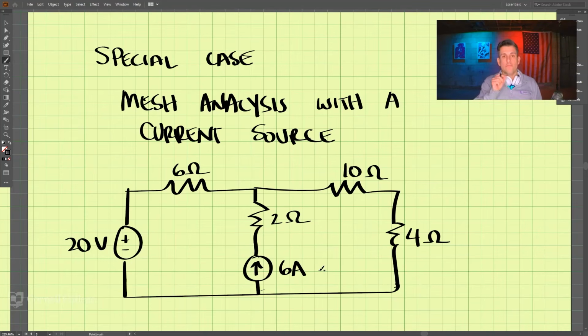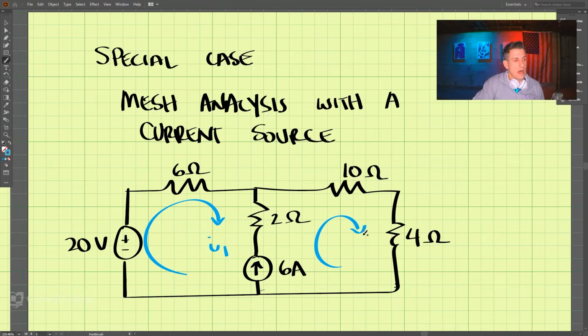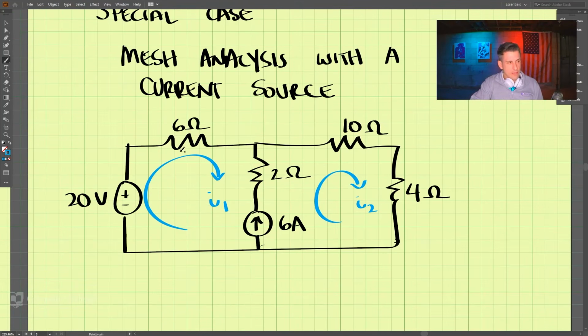Now we want to do mesh analysis on this. We will first draw our loops, which we have I1 and I2. Now, if we do KVL, Kirchhoff's voltage law, what is the voltage across this current source? It's difficult.